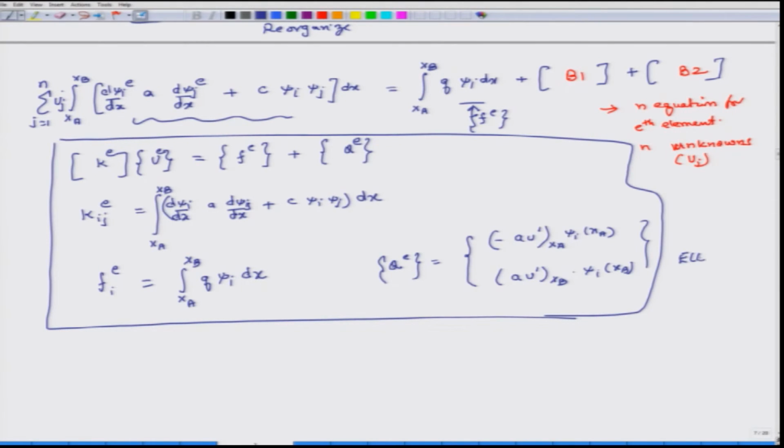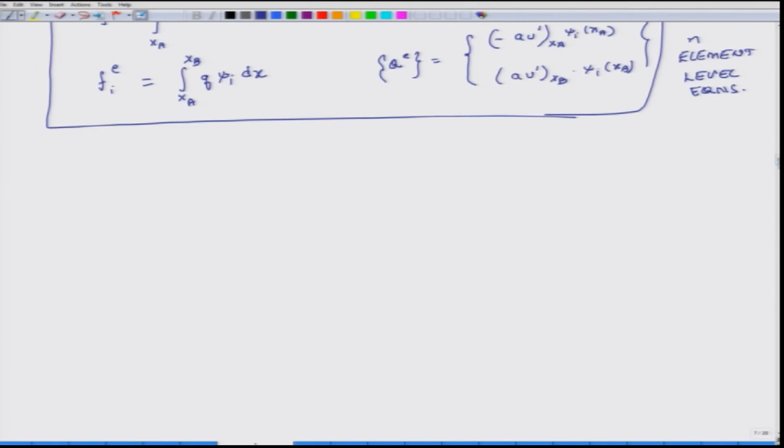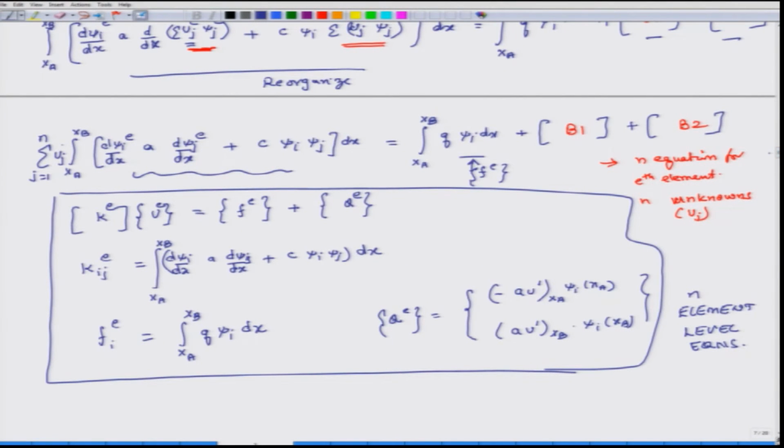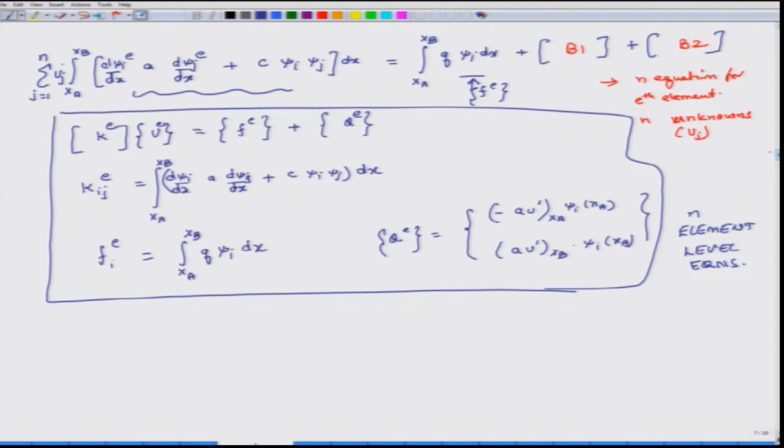So, these are the element level equations, and they are n element level equations, and they involve n unknowns which are u's. And now what we will do is actually compute the values of these K matrix, F matrix and Q matrix, and for this we have to know the definition of psi.